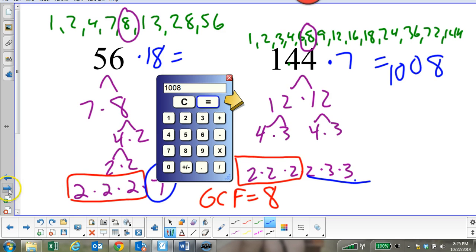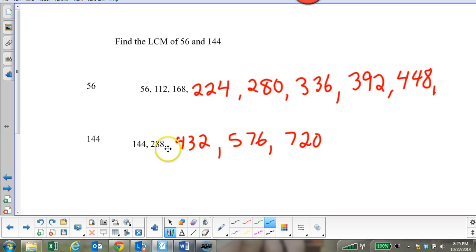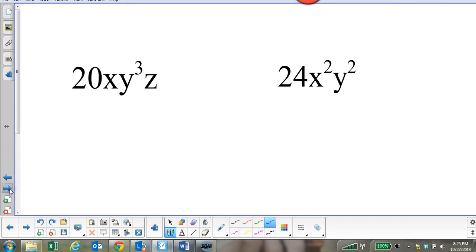So going back to this screen, I'd have to go ahead and list 1, 2, 3, 4, 5. I have to do 2 more multiples of 144, and I would get 1,008. And I'd have to do 18 multiples of 56. Again, you can imagine listing them out, that's horrible. No one wants to do that.